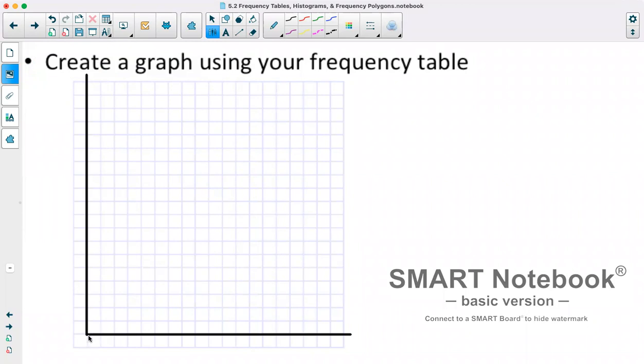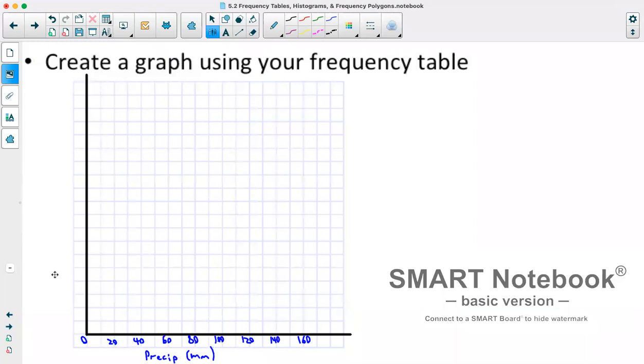Okay, each one of these could represent 10. Down here we're at 0, here we'd be at 20, 40, 60, 80, 100, 120, 140, 160, and this is our precipitation in millimeters. We always want to make sure we label that.